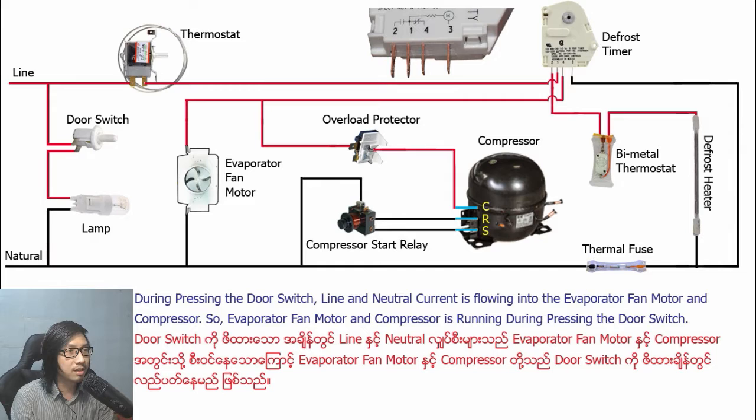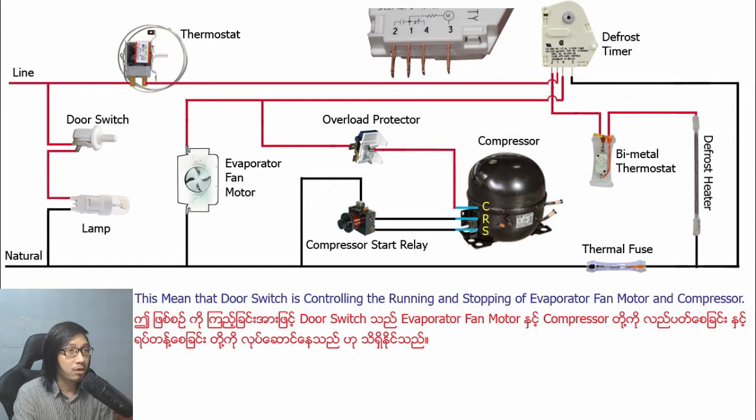During pressing of the door switch, line and neutral current flows into the evaporator fan motor and compressor. So the evaporator fan motor and compressor are running during pressing of the door switch. This means that the door switch is controlling the running and stopping of the evaporator fan motor and compressor.